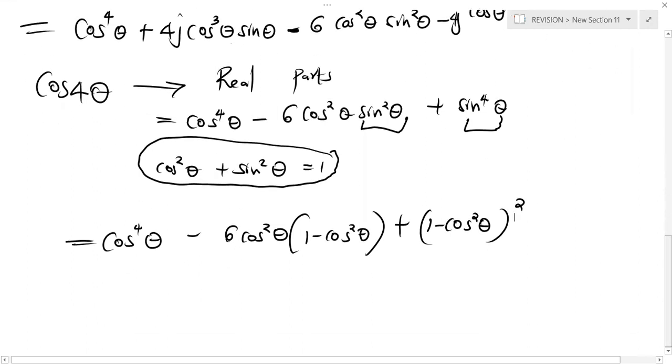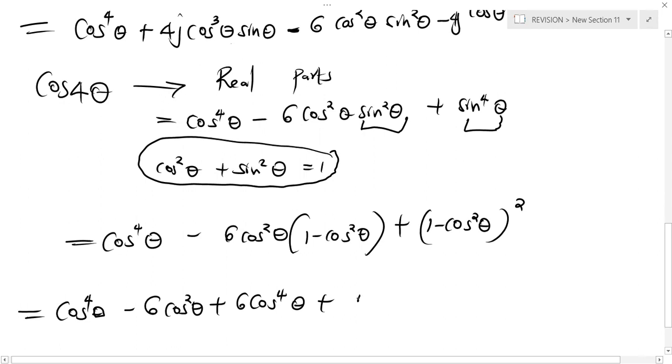Opening the bracket and simplifying, this is going to give us cos⁴θ minus 6 cos²θ plus 6 cos⁴θ, plus opening this bracket, 1 minus 2 cos²θ plus cos⁴θ.